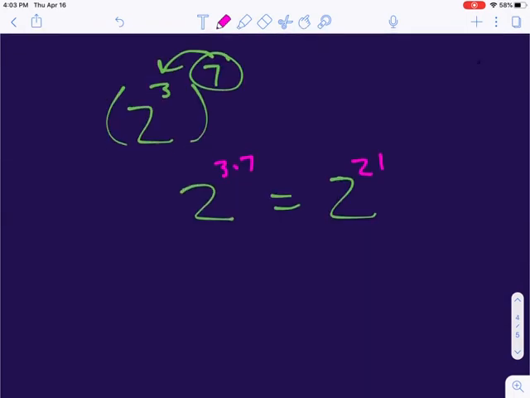So I would say that finding it this way is much faster. Basically the power of a power rule states that whenever you have something that is being raised to a power, you can just take your exponents and multiply them by each other. All right, and there will be some example videos on how to do this right after this.